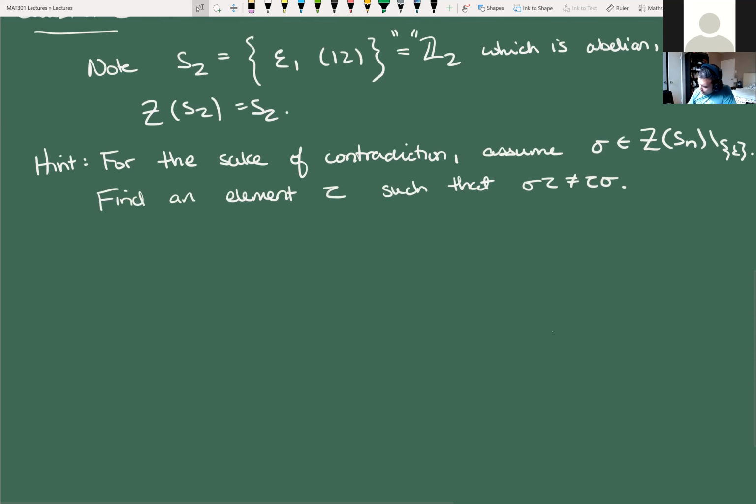Okay, so in my mind, the proof goes like this. Since sigma is not trivial, it can't map m to m for every m, right?